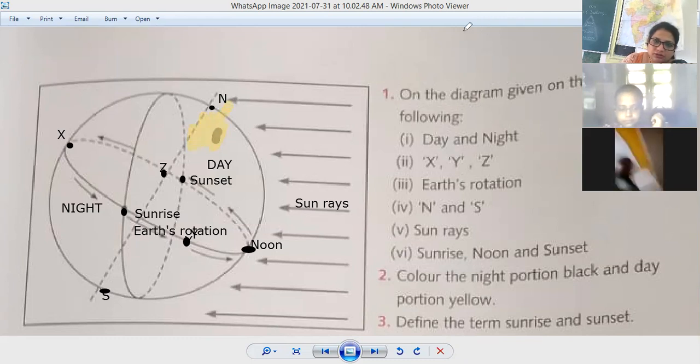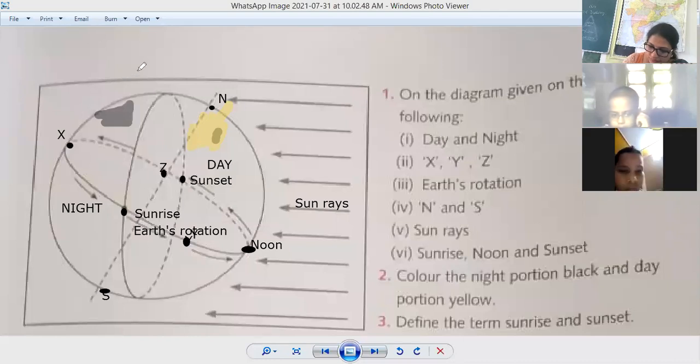And this portion with black. Night portion with black. Color everyone. I hope it is okay with everyone, understood by all. And I hope that everyone has done this.